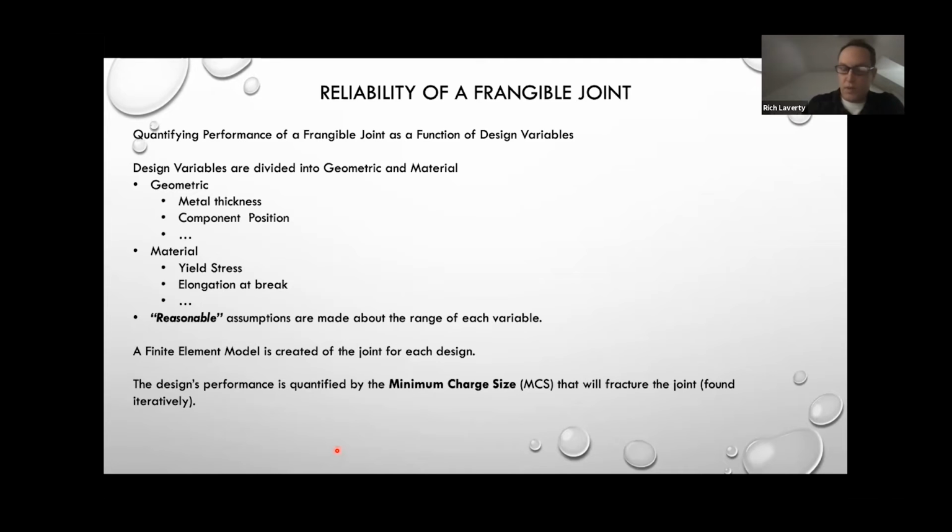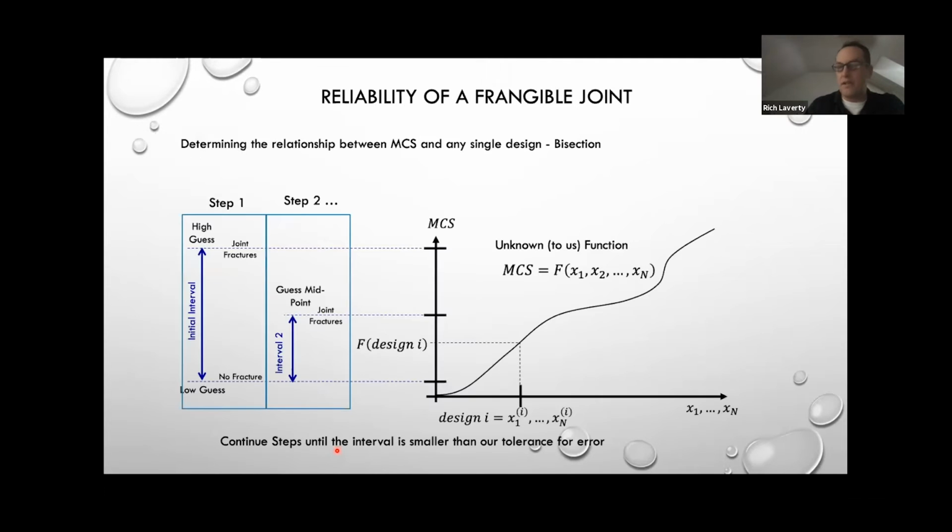And then what we would do is iterate. We would have a design, we'd build the model, and then we can iterate that model until we find the minimum charge that it would take to sever the joint. And we were a little bit clever about it, using a bisection method, we felt we were clever. But essentially what we're doing is we're evaluating a function when we do that. We have a finite element model of the joint.